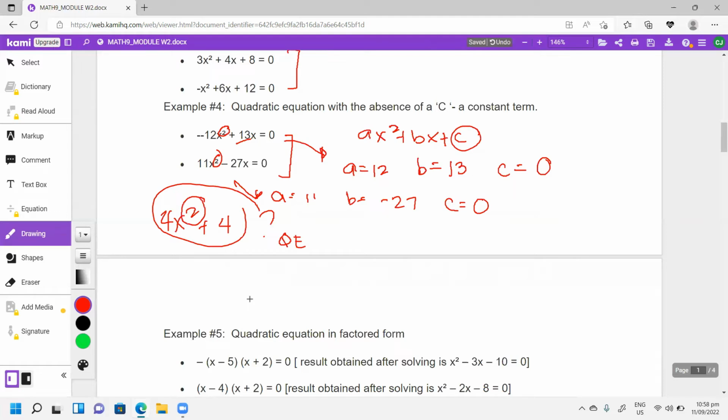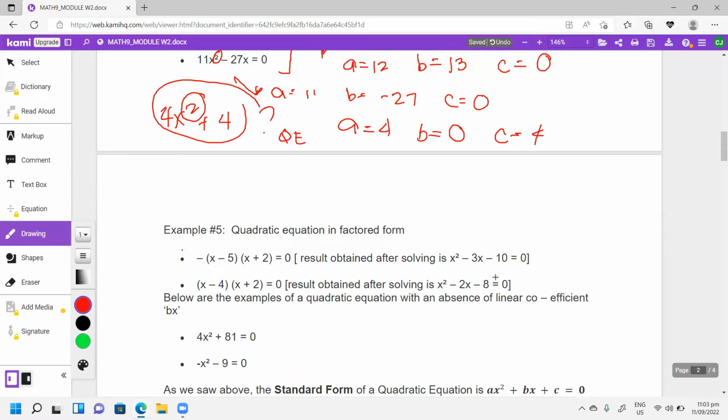Now, let us try to identify our A, B, and C. Our A here is 4, because this is the coefficient of the quadratic term. Can you see here the linear term? Diba, wala? So we will just write B as 0. And for our constant term, of course, this is our constant term, 4.